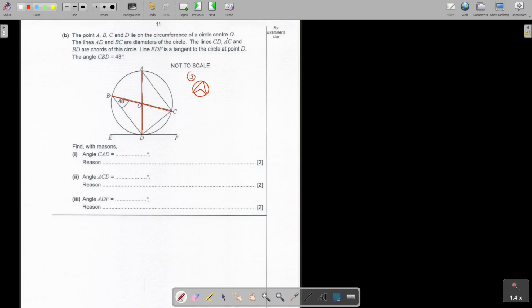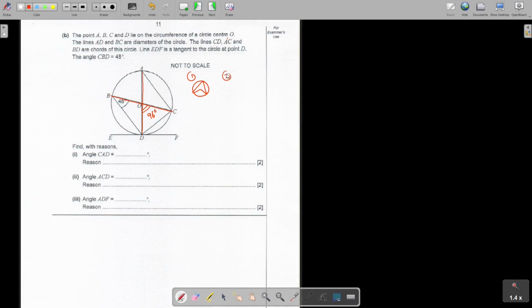Let's test that one. Oh, I see here, angle to the center, angle to the circumference. Oh, but there's another one. Center, circumference. So I already know that this one is twice as big. So 48 times 2, I already know it's 96. Okay, so I was checking that one.